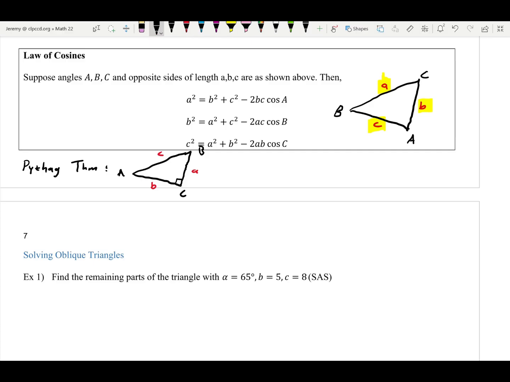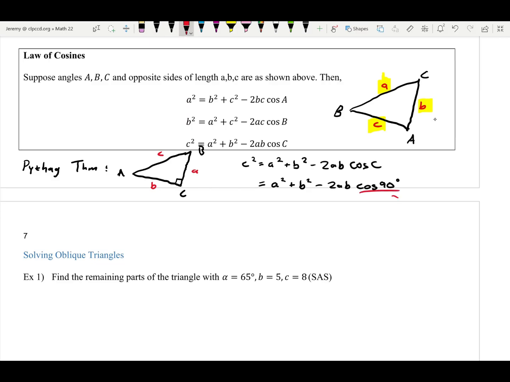If I applied the law of cosines to this triangle, and let's say I was looking at c squared, it is equal to a squared plus b squared minus 2ab cosine C. Well, cosine of C we actually know in this case because we're looking specifically at a right triangle. So what is cosine of 90 degrees? Cosine of 90 degrees, or cosine of pi over 2, is equal to 0.